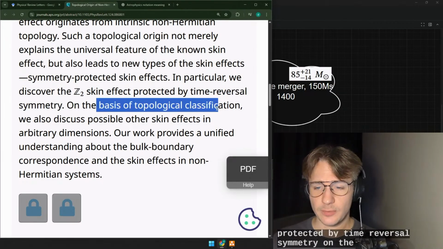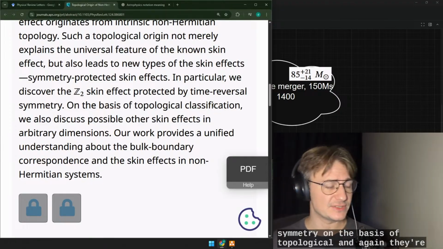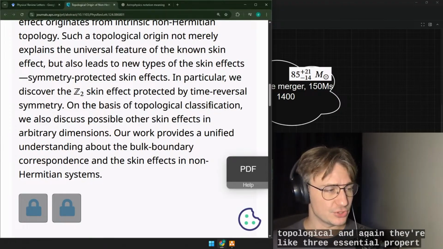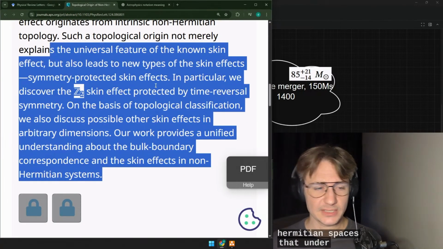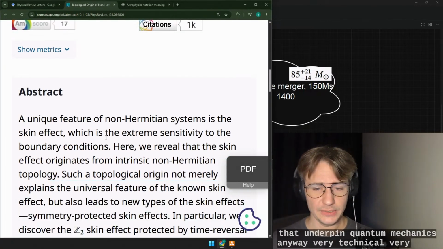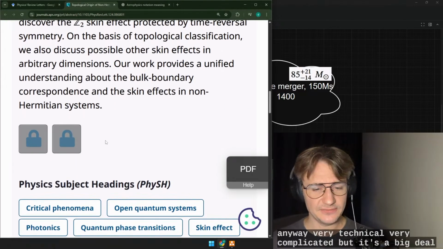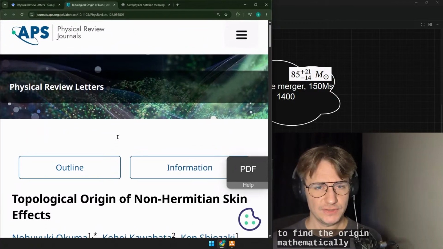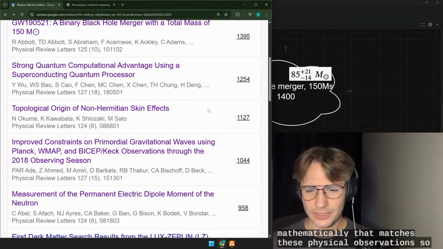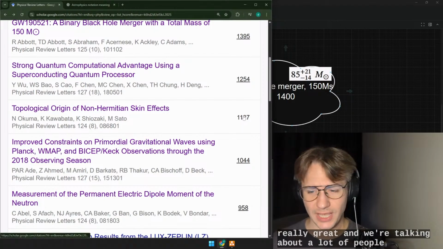This paper goes on to show the Z2 skin effect, which is protected by time reversal symmetry. On the basis of topology, and again, there are like three essential properties being protected in these non-Hermitian spaces that underpin quantum mechanics. Anyway, very technical, very complicated, but it's a big deal to find the origin mathematically that matches these physical observations. So really great. And we're talking about a lot of people who care. It's 1,200.